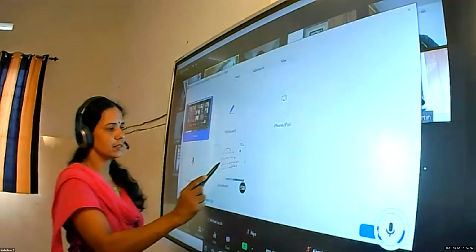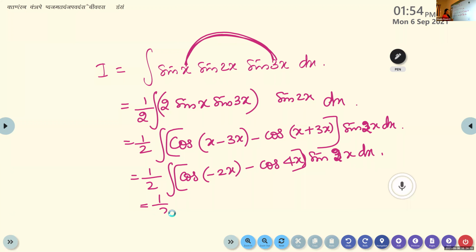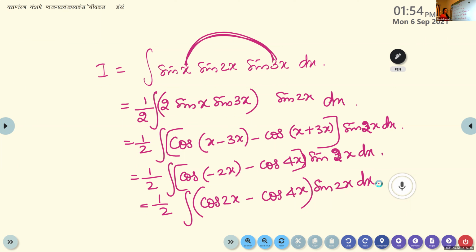So we can write this as half into integral of cos 2x minus cos 4x into sin 2x dx.